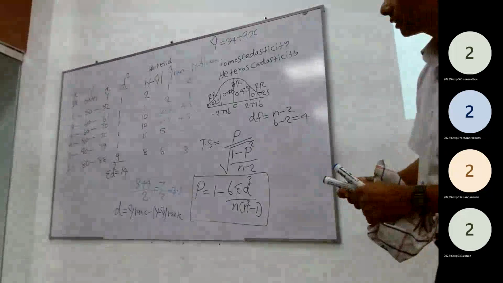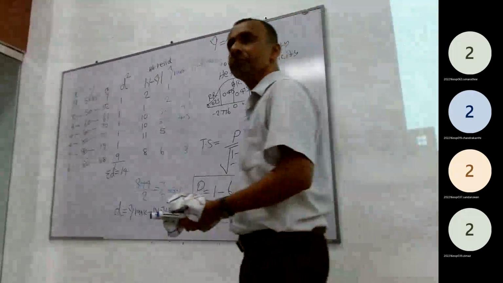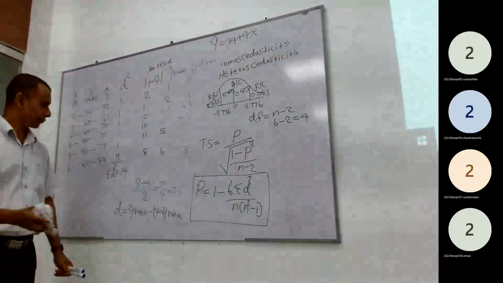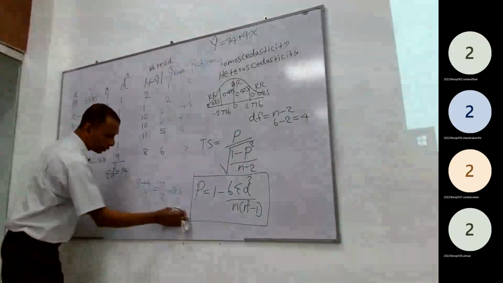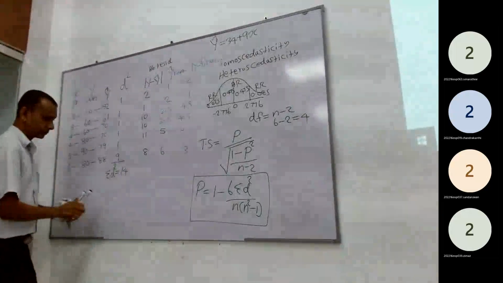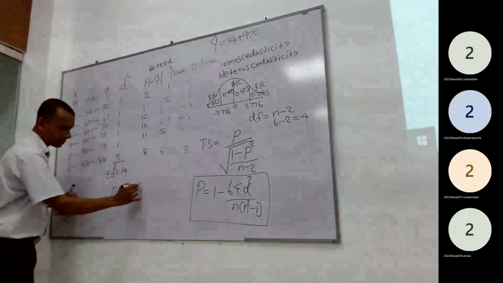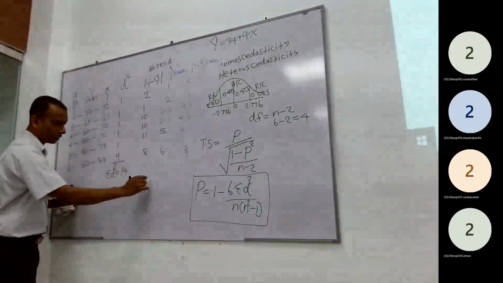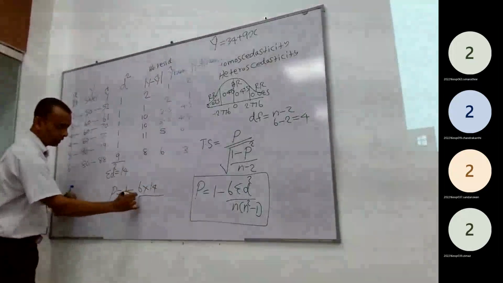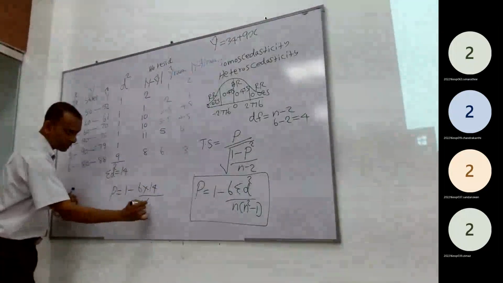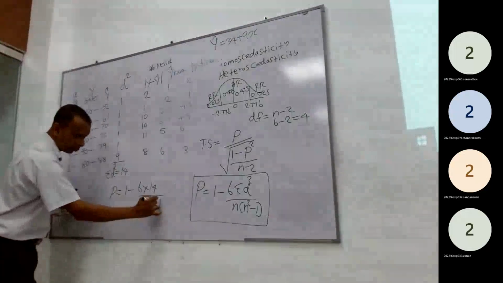Now apply the formula to take rho. Rho equals 1 minus 6 multiplied by sigma d squared, 14, over n times (n squared minus 1).